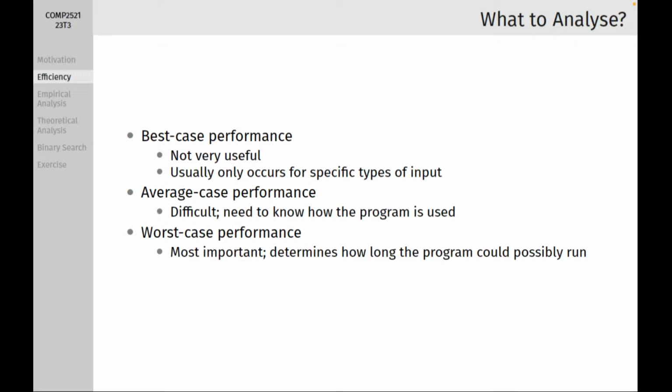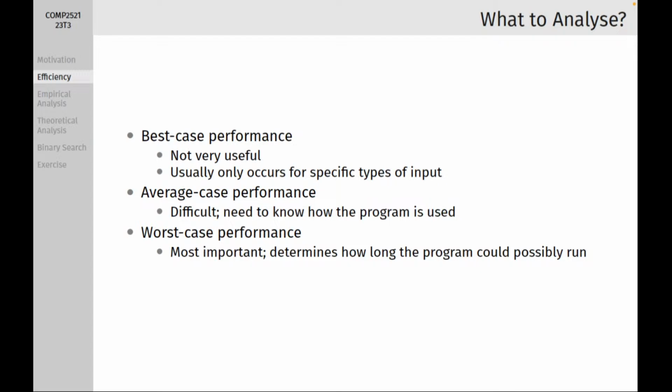You need to know how the program is going to be used, and ideally for each type of input, how frequently it is going to be passed into the program. So measuring average case performance is quite difficult. So what we tend to do is just look at the worst case performance. What is the worst that could possibly happen?